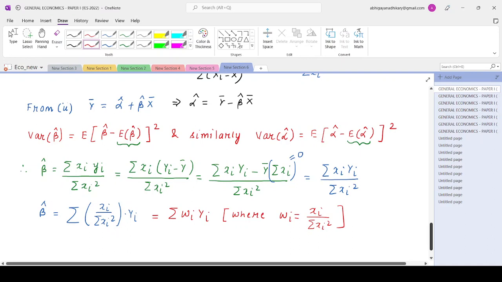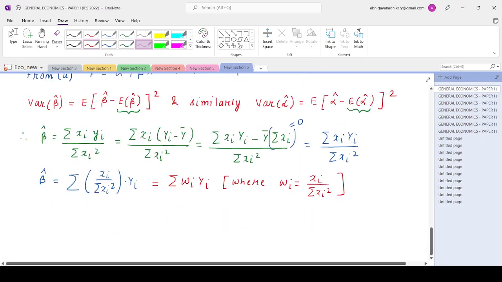So one thing that we can observe from here, although they haven't told us to calculate, but we have to go through this way so that we can actually obtain these variances first, that beta hat is basically linear in yi's. That means now you can write it in this way. It will become much simpler.